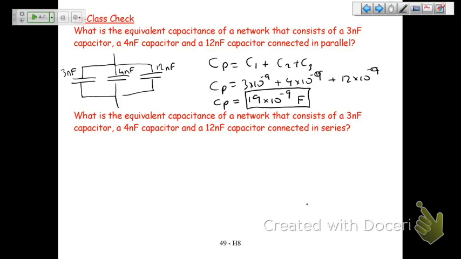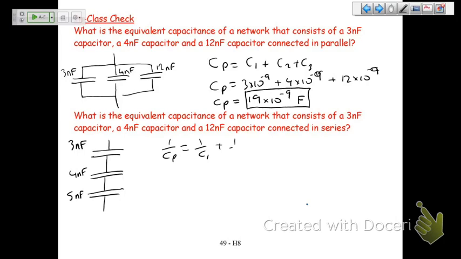What is the equivalent capacitance of a network that consists of a 3 nano, a 4 nano, and a 12 nano in series? Oh, now I'm going to have to earn my money. 3 nanofarads, 4 nanofarads, 12 nanofarads. 1 over C series equals 1 over C1 plus 1 over C2 plus 1 over C3. 1 over C series is equal to 1 over 3 times 10 to the minus 9 plus 1 over 4 times 10 to the minus 9 plus 1 over 12 times 10 to the minus 9.